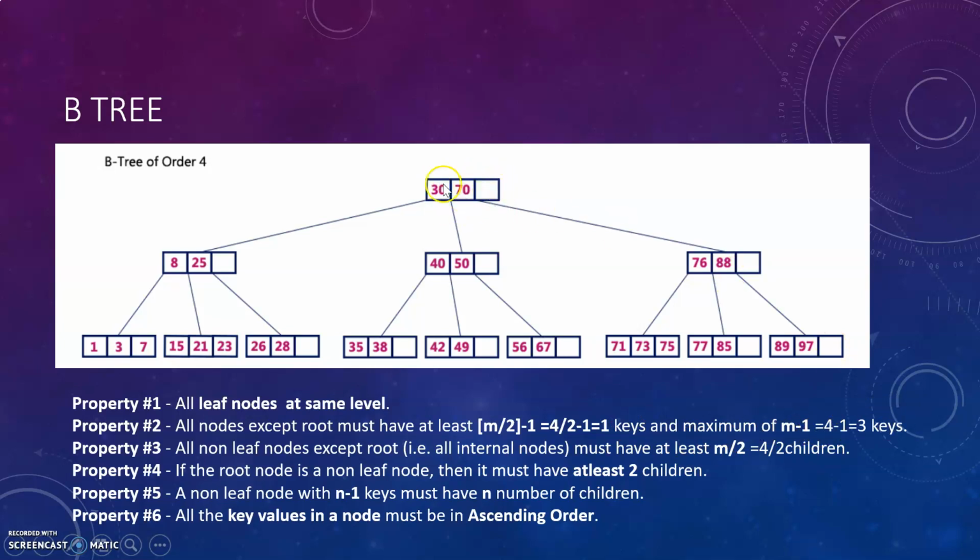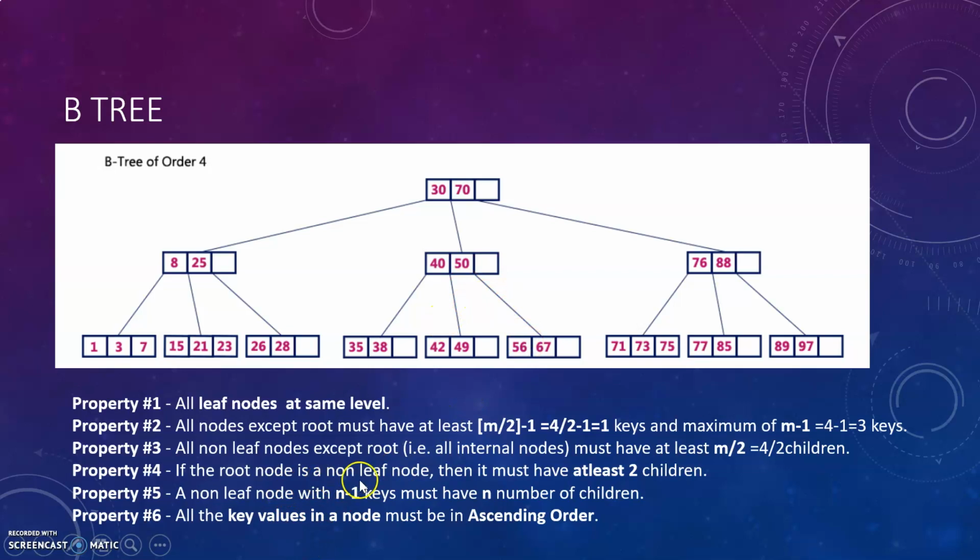That is why 3 places have been given for a particular node. All leaf nodes, as you can see, are at the same level, and all non-leaf nodes except the root must have at least m divided by 2, that is 4 divided by 2, children. So here there are 3, and at least 2 children should be there.